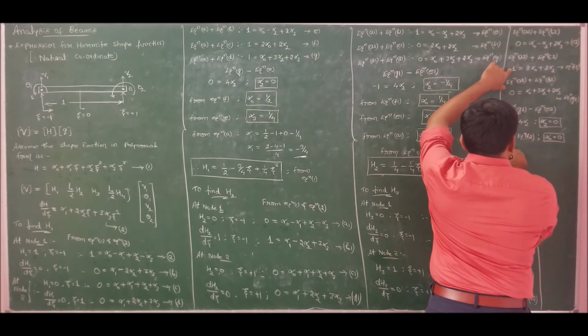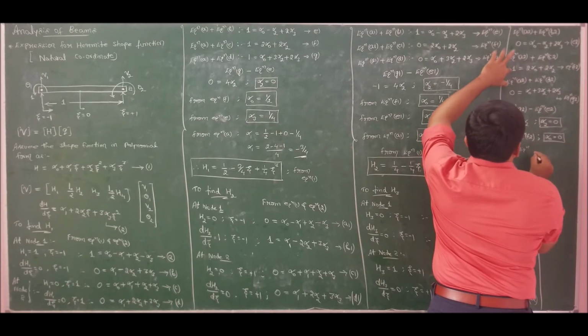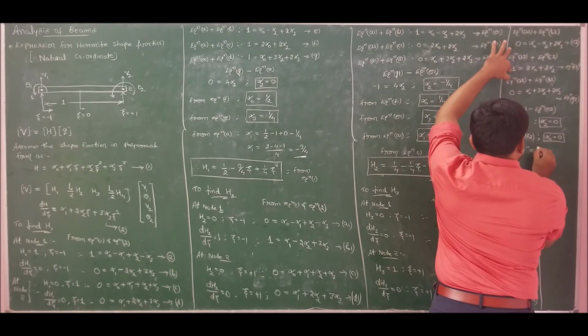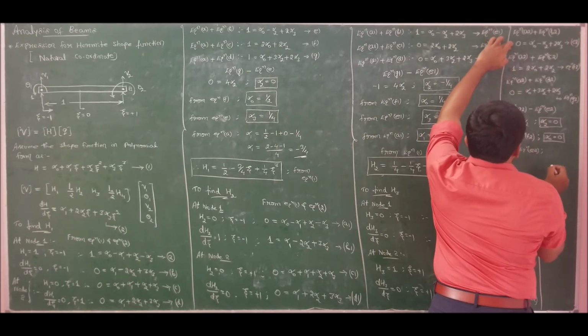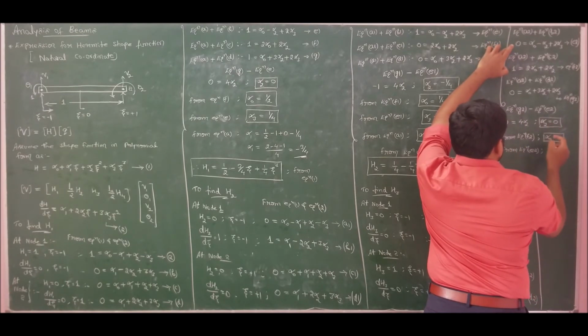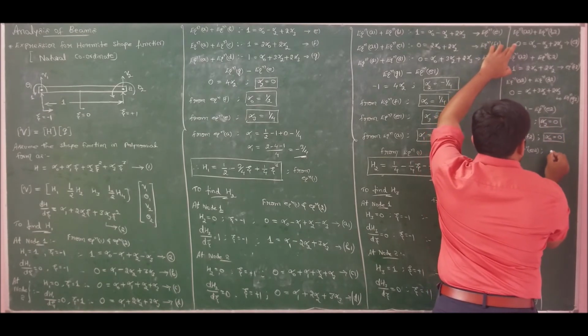So therefore from equation E2, put alpha 2 is 0, alpha naught is 0, alpha 3 will also become 0.